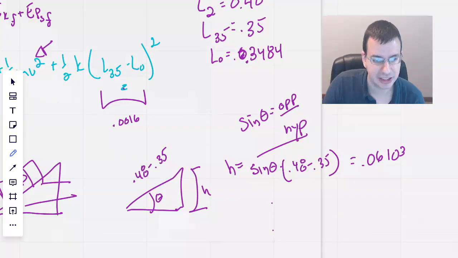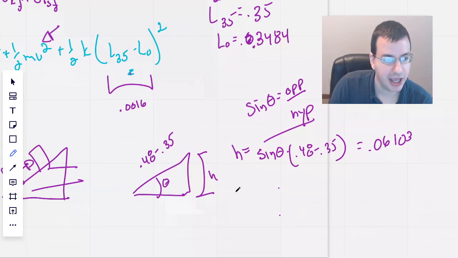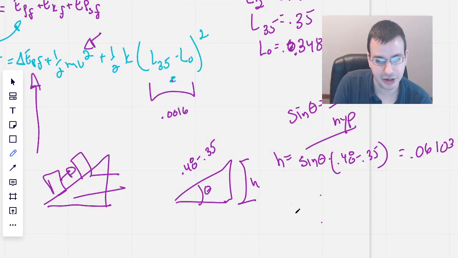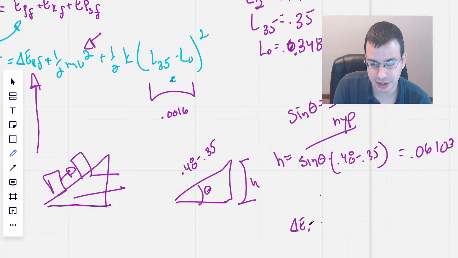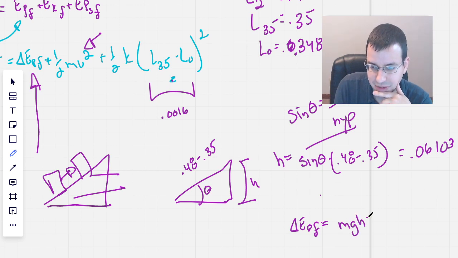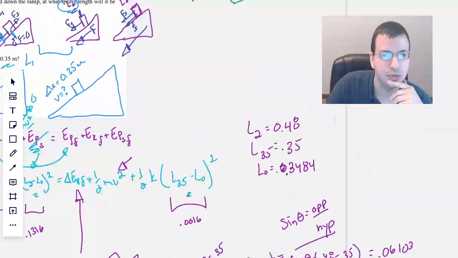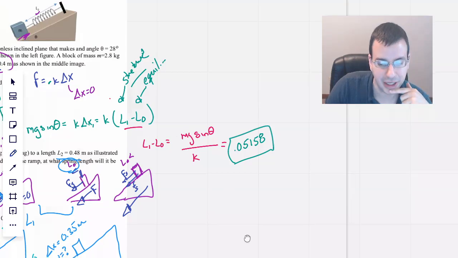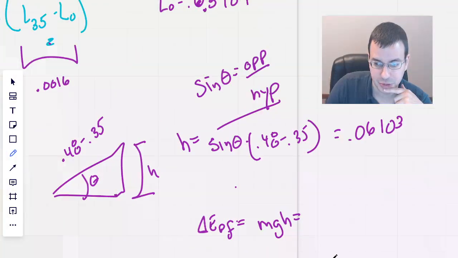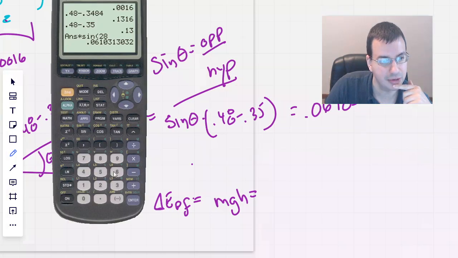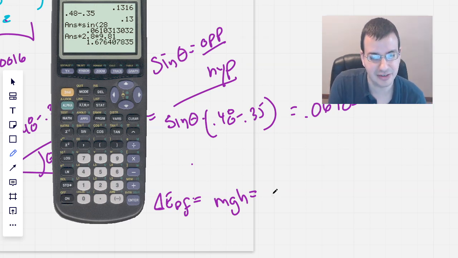So that's the height. And so the change in energy potential final will equal mass times gravity times height. Mass, I think, is 2.8. So we take that previous answer times 2.8 times 9.81. Perfect, 1.676.